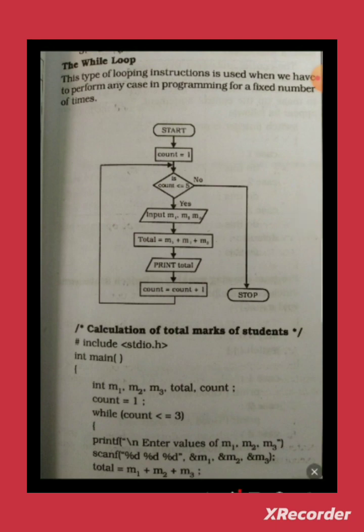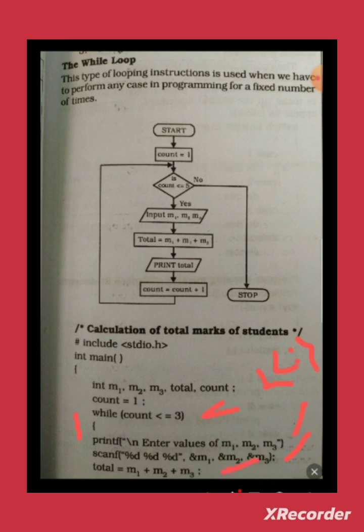Again it will go to the while loop. 2 is less than or equal to 3. The condition is true, right? It will go inside the loop, and again the same process will repeat. The system asks the user to enter 3 subject marks of the second student, and reads whatever the user has entered.